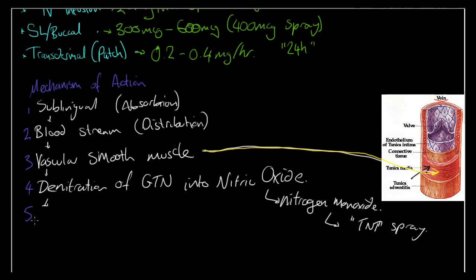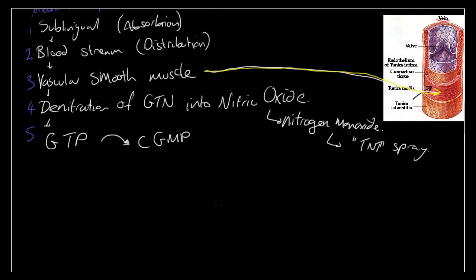So we'll put 5 as converting GTP into cGMP. So I'll just move down a little bit.